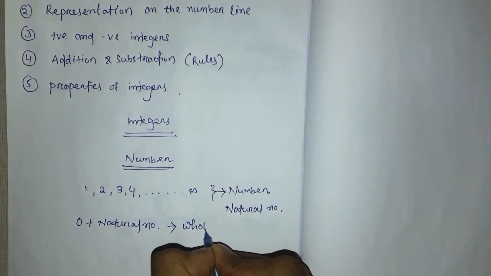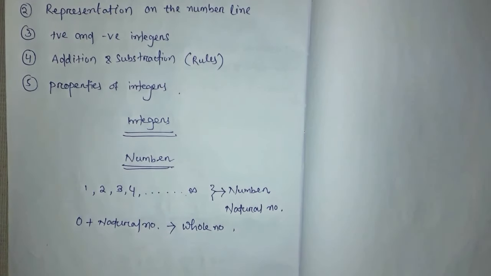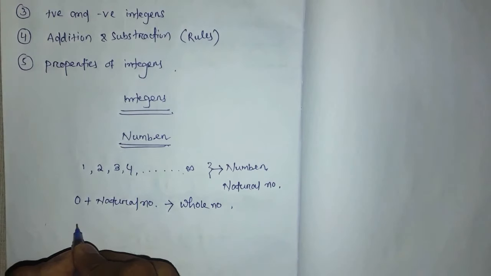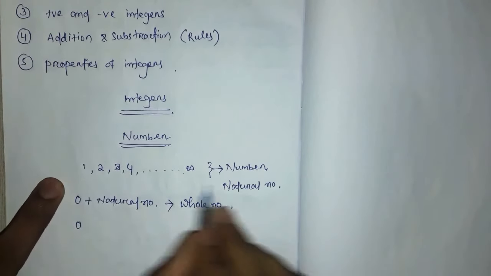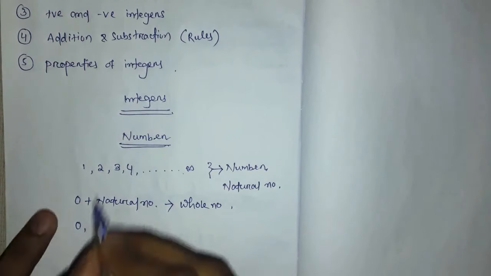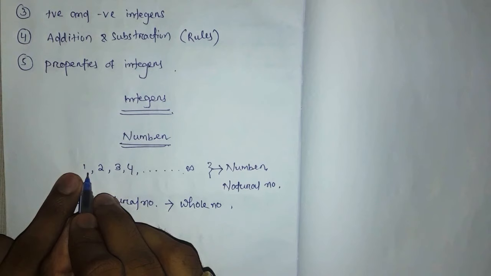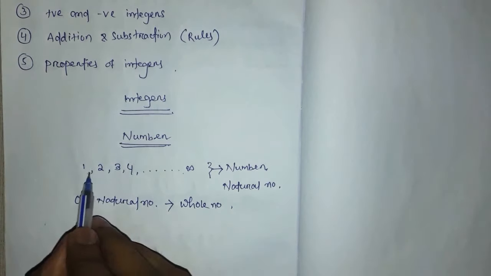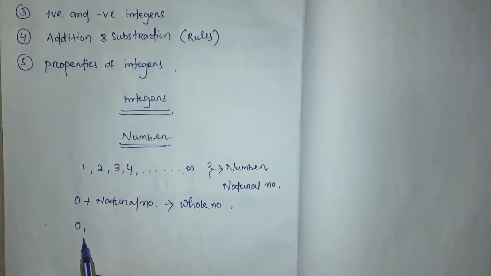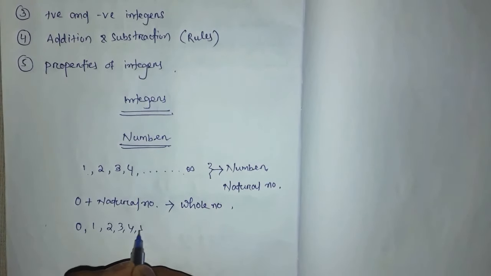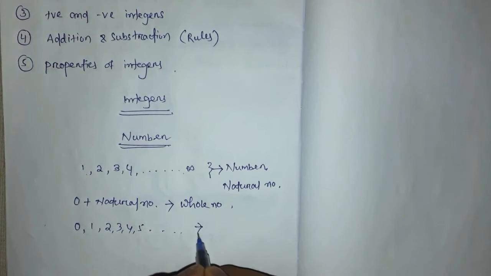Whole numbers. Okay, so let's see how. If I start the number system from 0. Here we have started from 1, because 1, 2, 3, 4 up to infinity. If I start from 0, 0, 1, 2, 3, 4, 5 like this, it will be called the whole numbers.